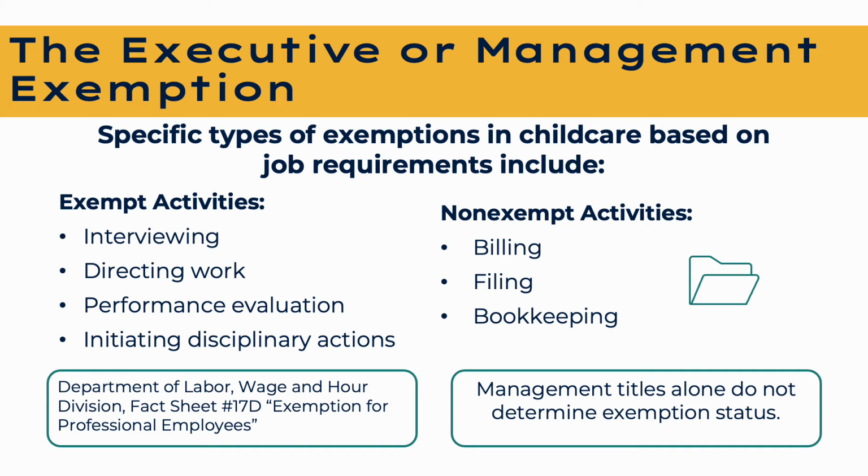Overall, the exempt administrative employee's discretion and independent judgment must relate to business operations or policies that involve substantial matters of consequence to the business, customers, or other employees. Again, because job titles are not a reliable way to determine exemption, this is a place where employees are often misclassified.